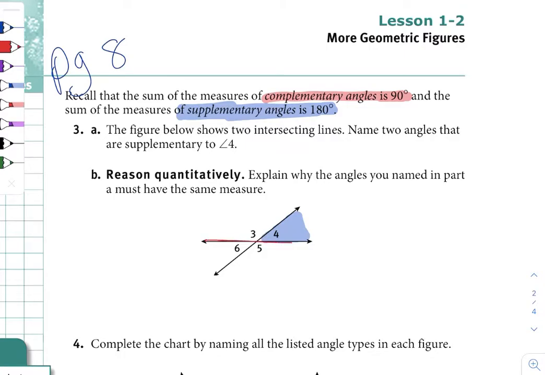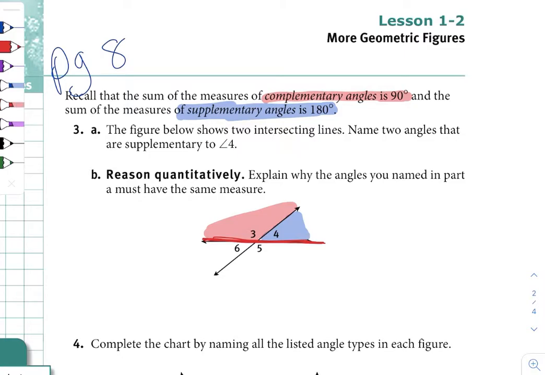So right here makes a straight line that includes 4. Right here would be the angle that is 180 degrees. I need two angles that make that up. The other angle that we'd have here is 3. If I combine angle 3 and angle 4, they make that straight line. So therefore, that means they're supplementary to each other.